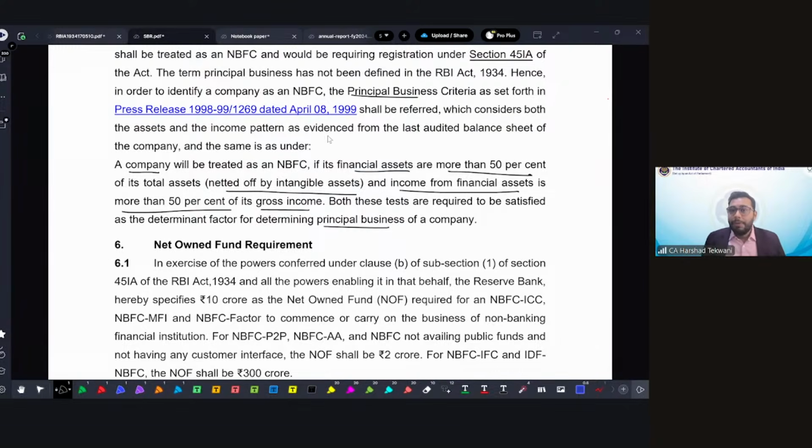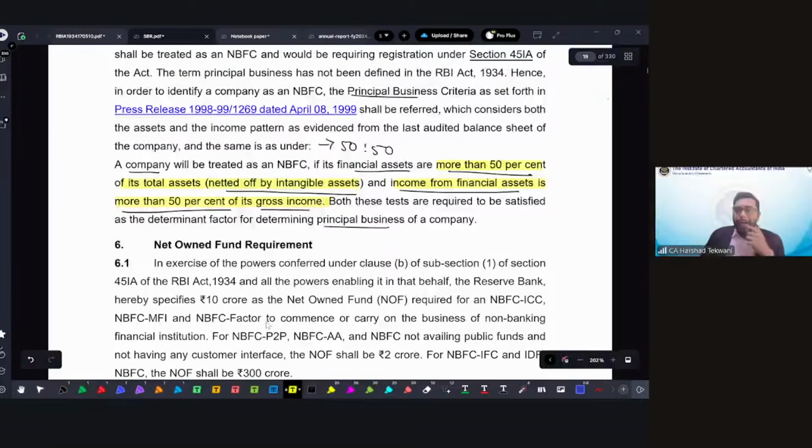So the term principal business says that 50-50 rule: 50% financial assets and income from those financial assets more than 50% of the gross income. That's your principal business rule, which is defined in the notification issued by RBI.